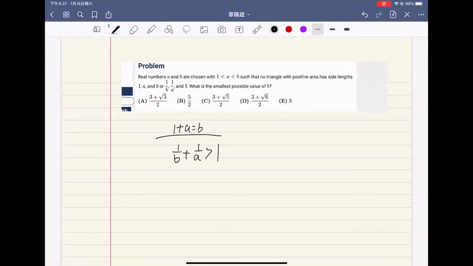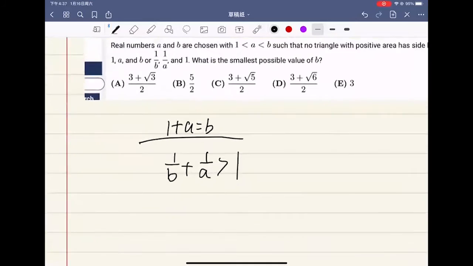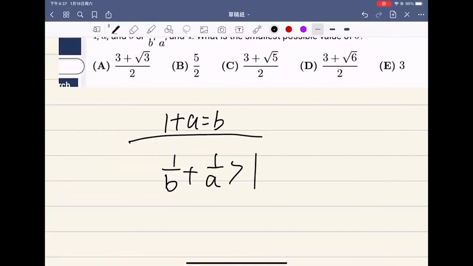So let's talk about the number right here. That's where they cannot become a triangle, right? If we set those equal to each other.